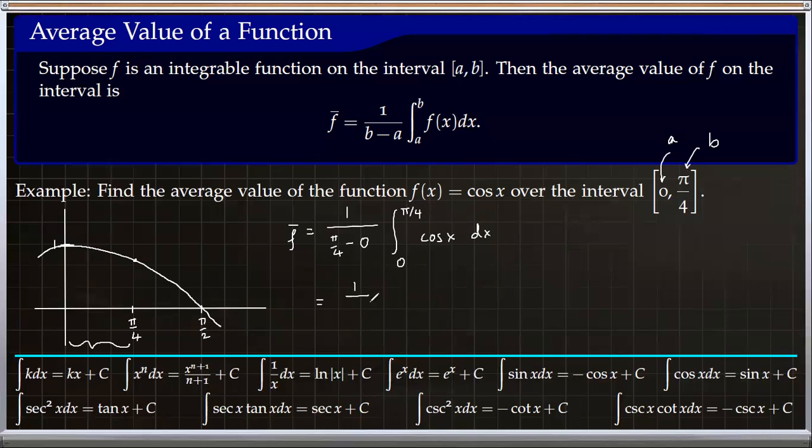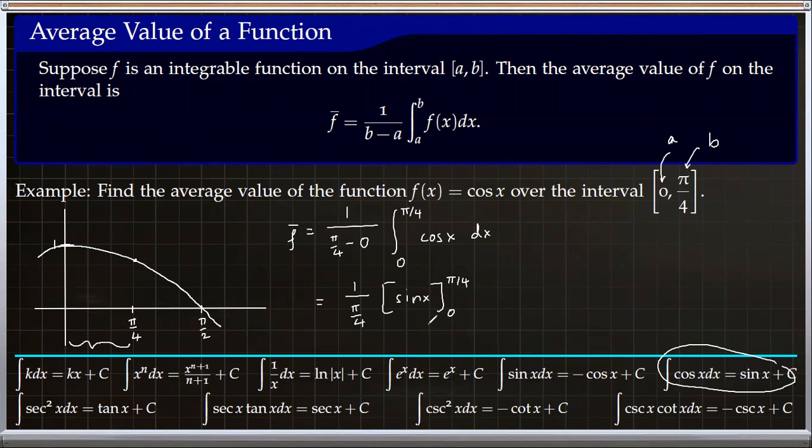So this will give us 1 over pi by 4. And we know the antiderivative of cosine x is simply sine x, as we have here in the formula. So this will be sine x, and we evaluate that from 0 to pi by 4.